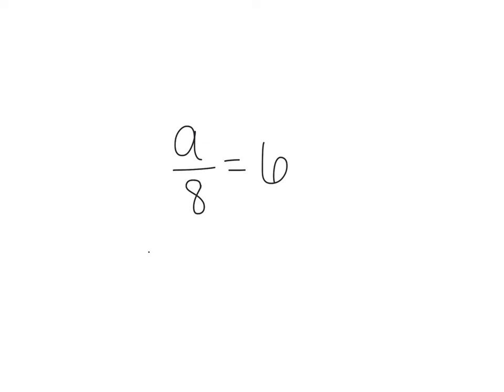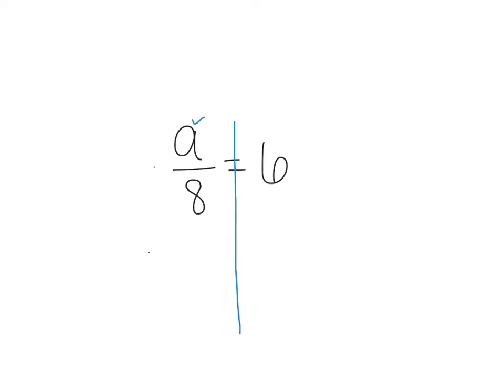Our next example is a divided by 8 equals 6. I didn't do this step on the last problem, but if we draw our line down the equal sign, we can see the two sides of our equation. I have a divided by 8. I want to get this a by itself, so I need to undo the dividing by 8.